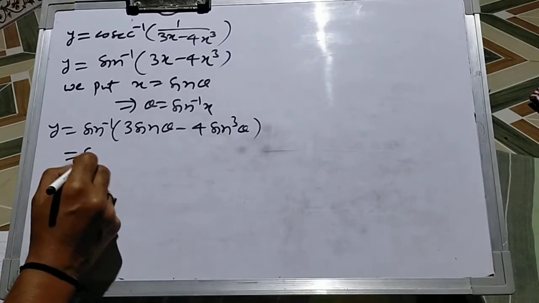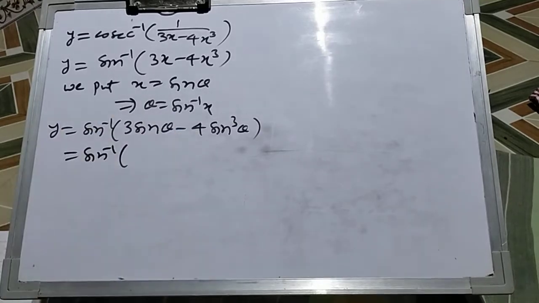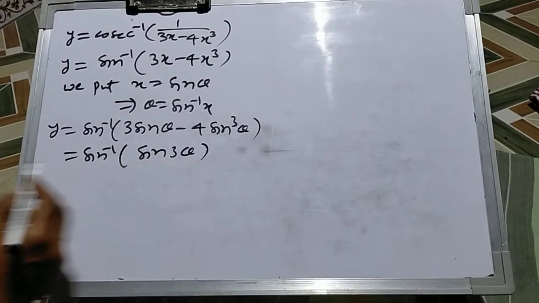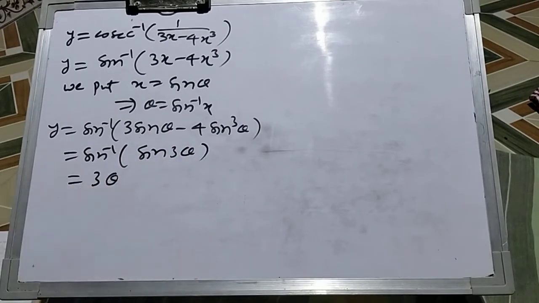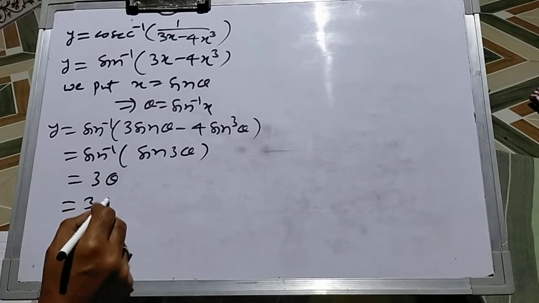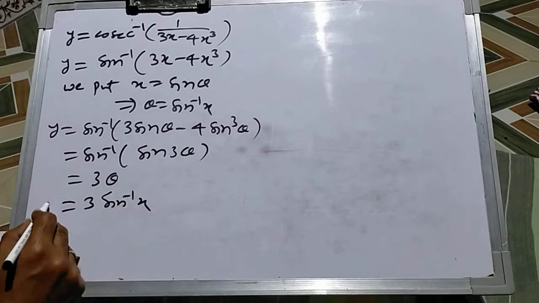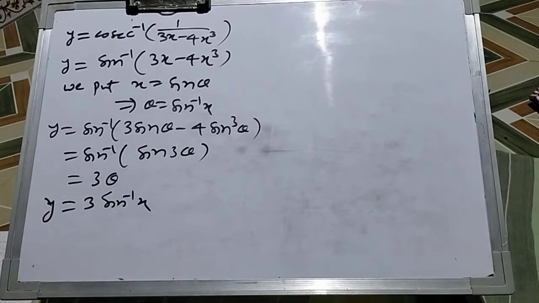So this is equal to sine inverse of sine 3 theta, this is the formula for sine 3 theta. Again here, sine inverse of sine of theta means theta. So y is equal to 3 theta and theta is equal to sine inverse of x. So y is equal to 3 sine inverse of x.